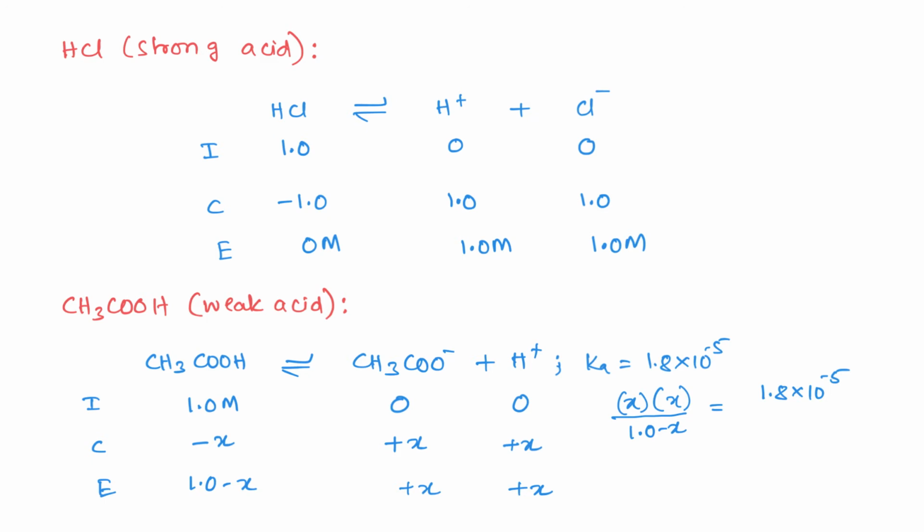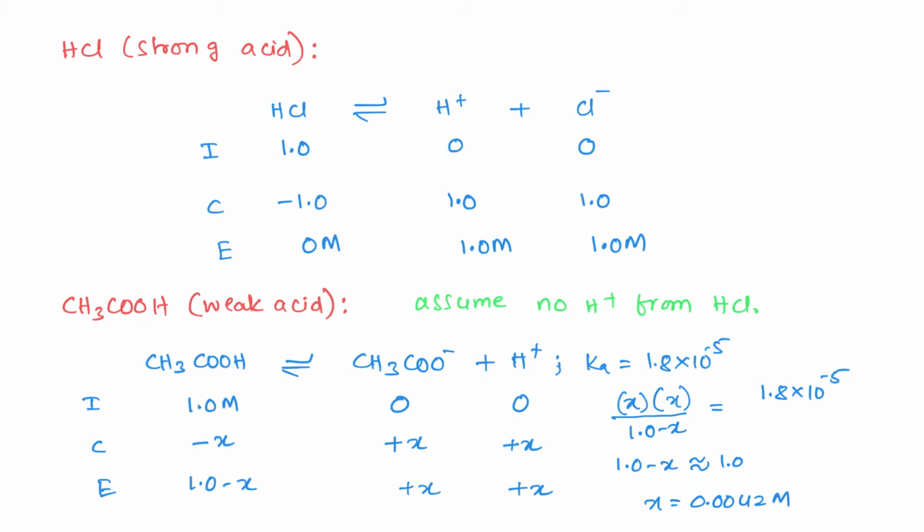Since Ka is extremely small, we will assume the value of X relative to the initial concentration of acid, that is 1.0 molar, is extremely small, and 1.0 minus X can be written as 1.0 molar. If we solve for X, we get X is equal to 0.0042 molar.